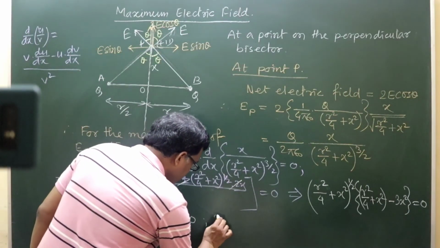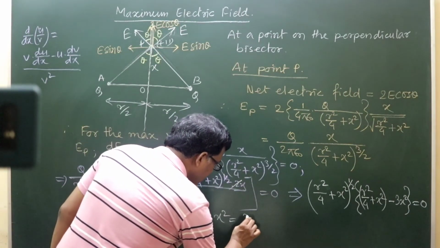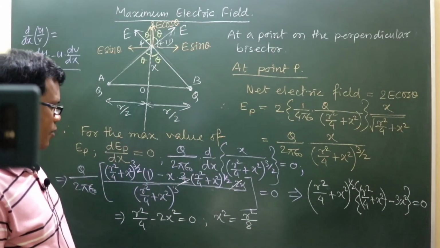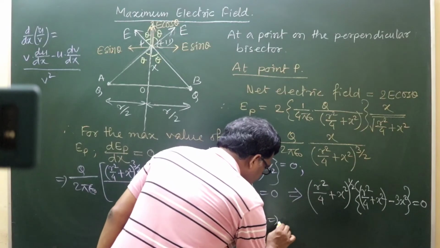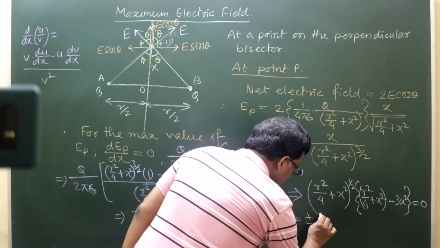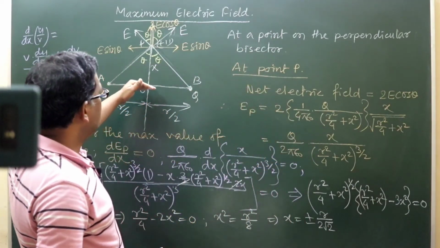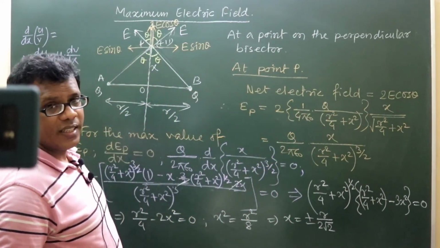Therefore x square can be written r square divided by 8, or x can be written plus minus r by 2 root 2. Plus minus means one x will be this side, another x will be this side.